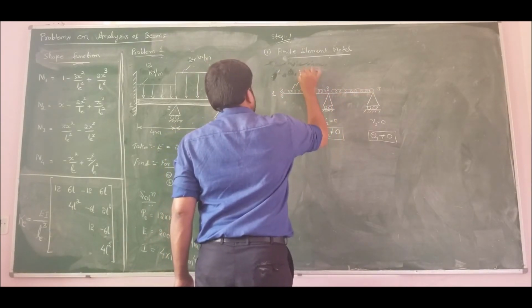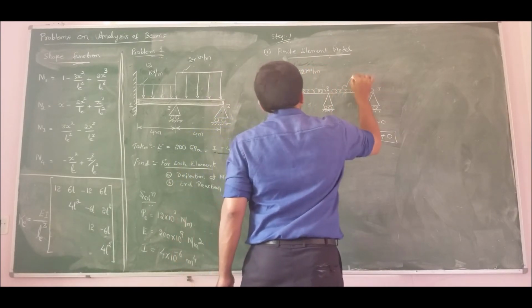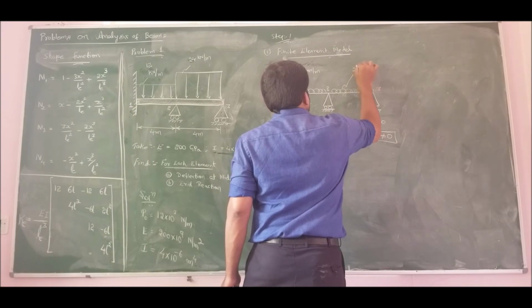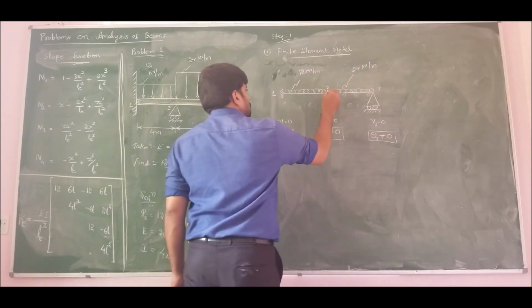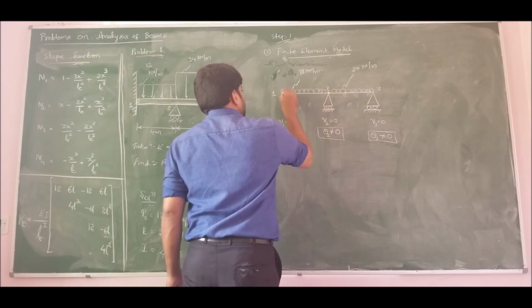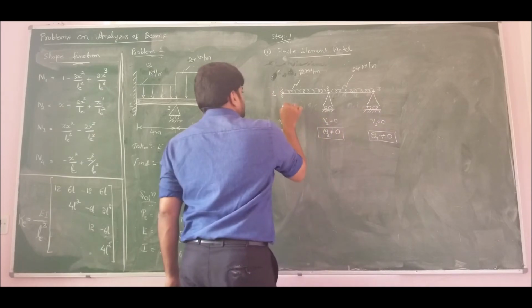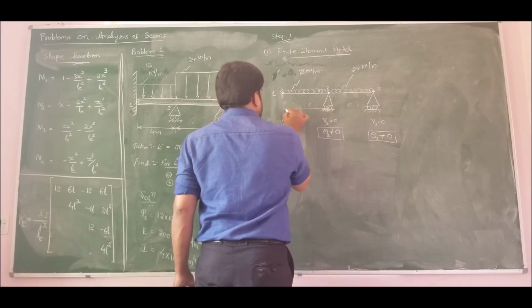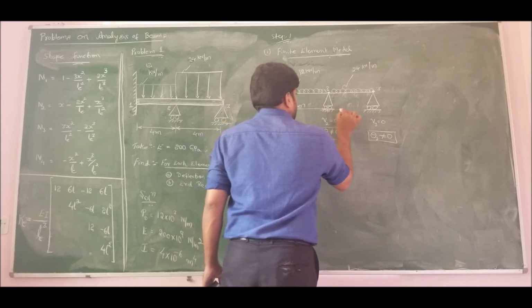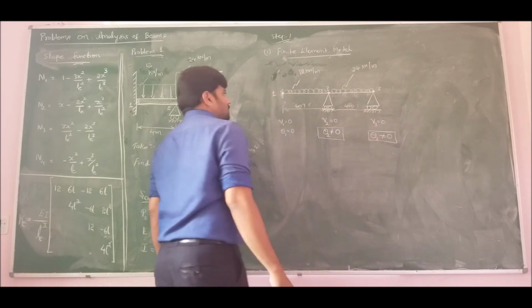The first load is 12 kilonewtons per meter. For element 2 we have 24 kilonewtons per meter. So this problem can be computed with the help of 3 nodes. And the length is given as 4 meters for element 1, and for element 2 also it is 4 meters.